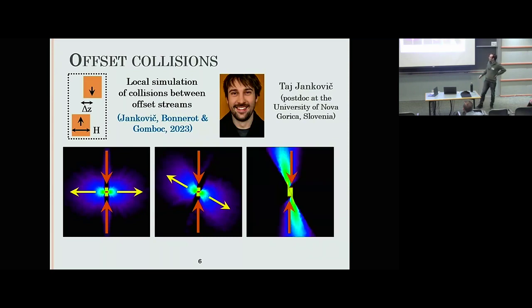And in the most extreme case, where the two streams are very offset with a delta z similar to the stream width, then the streams just graze each other, gaining a bit of energy so that they expand, but mostly their trajectories remain aligned with their initial direction. So the main takeaway is that there's some deviation from outflow sphericity due to this spin-induced offset.